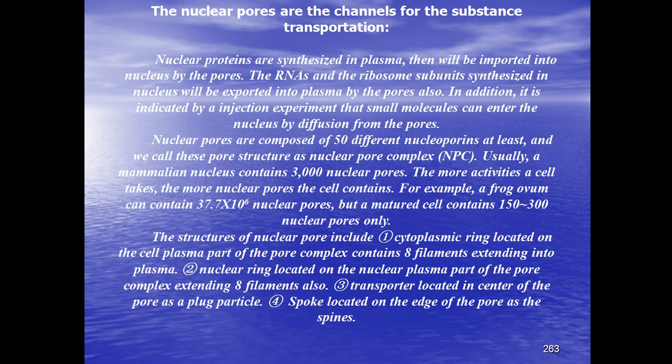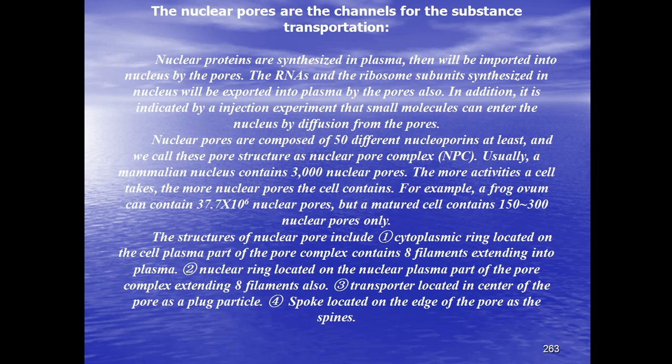If you observe an individual nuclear pore, it is composed of 50 different nucleoproteins, and they form nuclear pore complexes, that is known as NPC. Usually a mammalian nucleus contains as many as 3000 nuclear pores. The number of nuclear pores in the nucleus depends upon the activities.